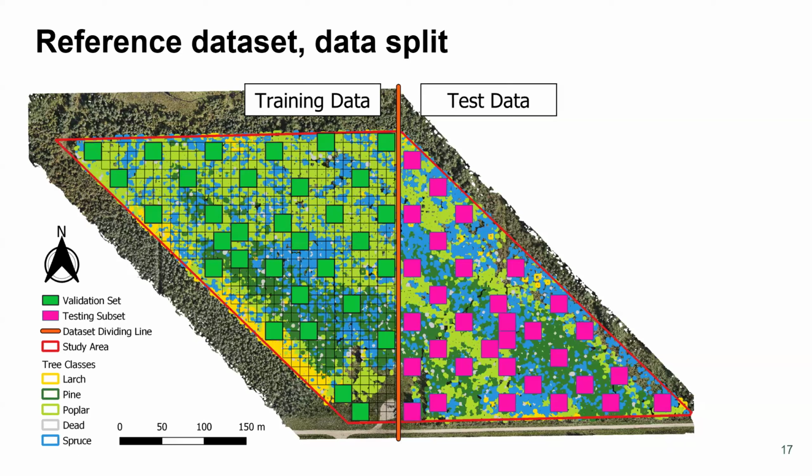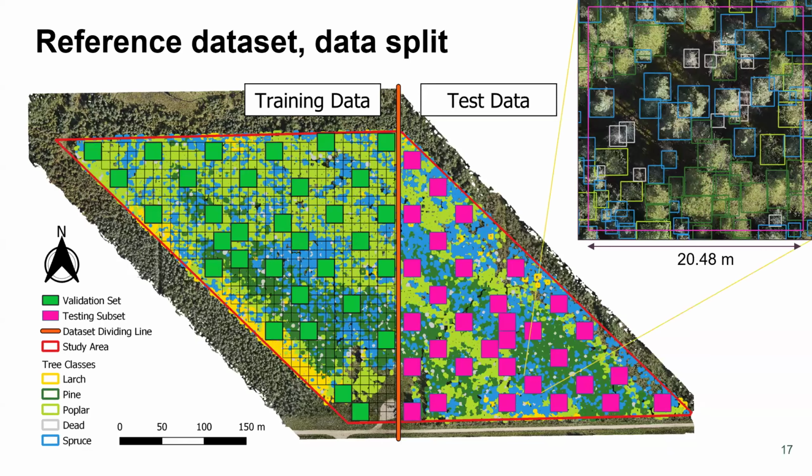That is, the model is trained using trees outside of these boxes, and then is applied and validated in the green squares. And we do cycles of training and validation that are called epochs, and this continues until there is no further improvement. So each square is about 20 by 20 meters, and this particular one we're going to be using as our running example today.